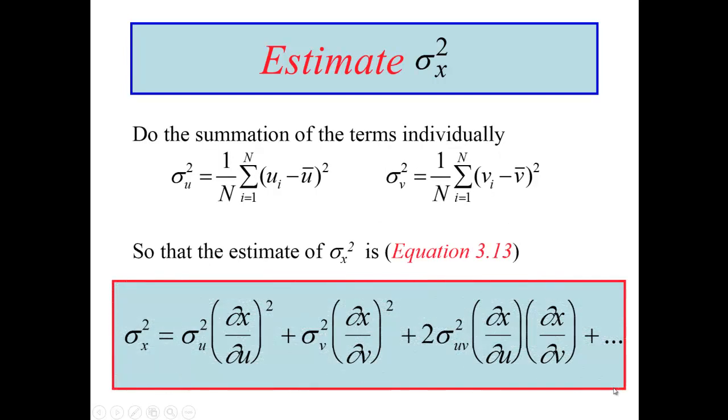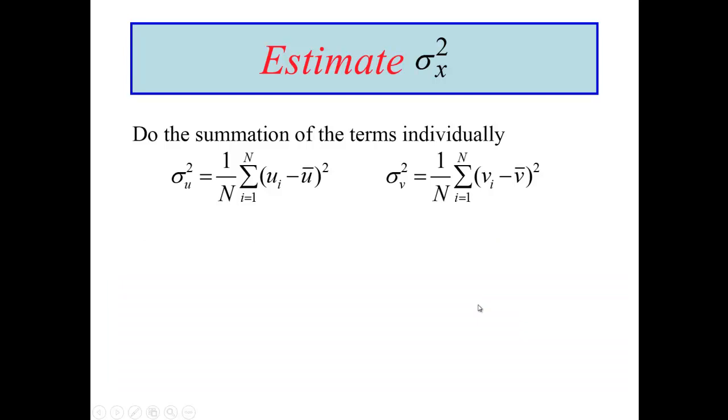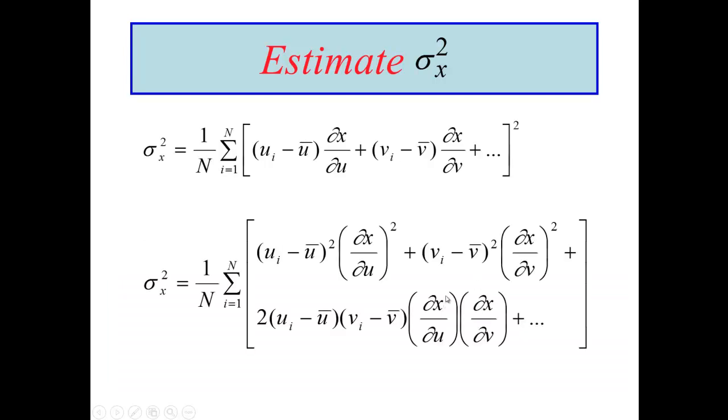So then the first 2 terms are written like this, where the variance in u squared times the square of this partial derivative, plus the variance in v squared times the square of this partial derivative, get written out like this. The third term, which is the cross term, we're going to make a definition and write it in a more compact form like this. So I'll flip back for a second. You'll see that it does include the product of these partial derivatives.